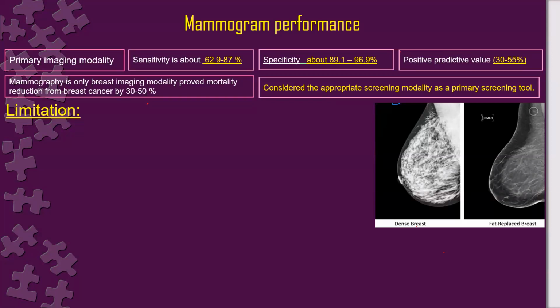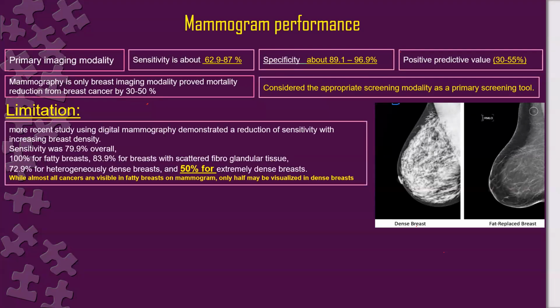Regarding limitations, as you know, the major limitation of mammography is breast density. A recent study of digital mammography demonstrated reduction of sensitivity with increased density. They found sensitivity can be up to 100% in a fatty breast, but as low as 50% in a high density or extremely dense breast.